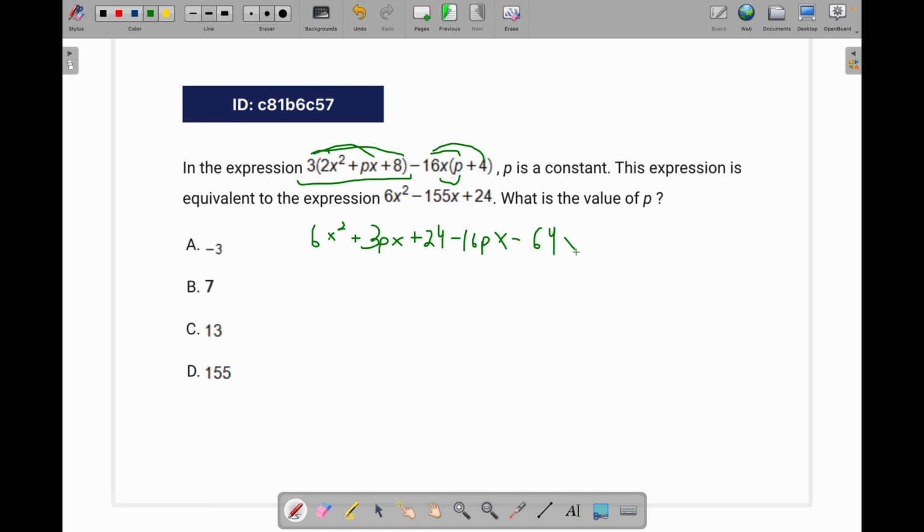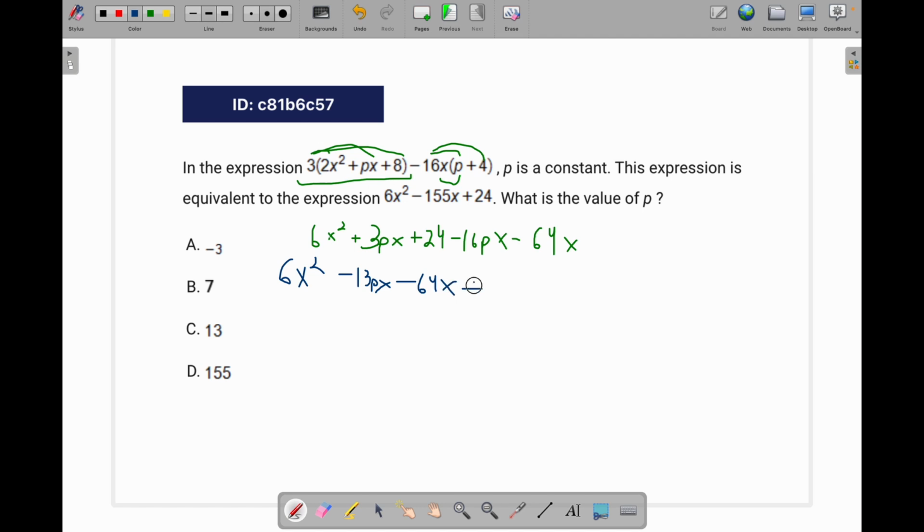Now, what we can do here is we can then just combine like terms. 6x squared plus 3px and negative 16px, that's just going to be negative 13px, minus 64x plus 24.